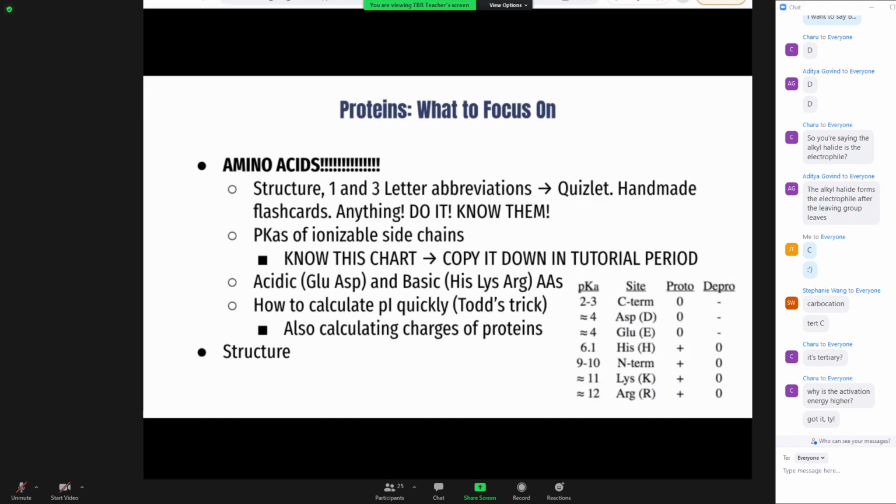Make flashcards, use Quizlet, anything, just absolutely know them. I mean, they show up in virtually 2 sections. They show up in both the biology and biochem section, and they also show up in the chem and ochem section in physics. So just know them. It's easy to procrastinate, but start.